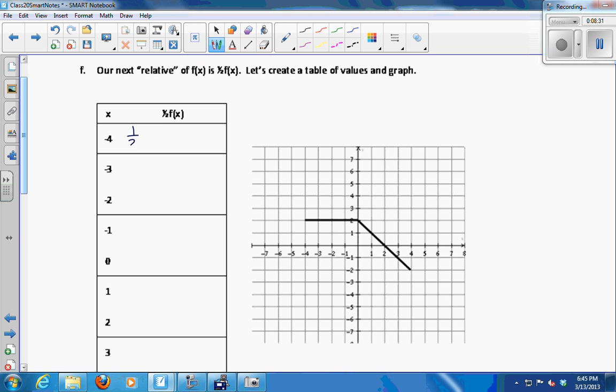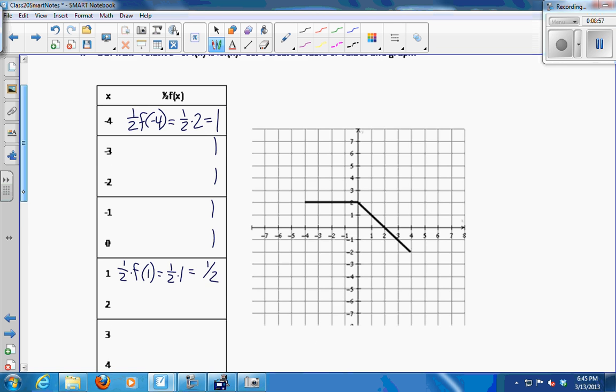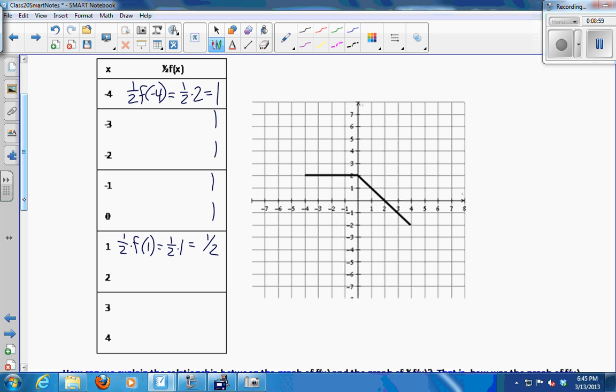So I want 1/2 f of -4, right? And f of -4 is 2, so I want half of 2, which is 1. I'm going to get 1 for all these. And then I want half times f of 1. Half times 1 is a half. 1/2 times f of 2.